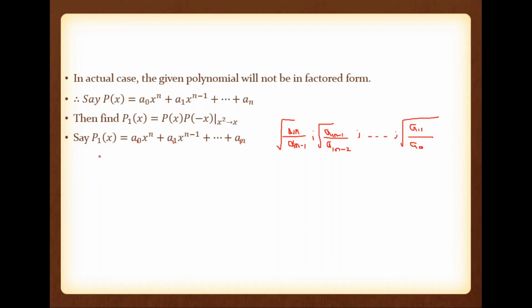So if you are taking p2, so take p2. So p2 of x, what is p2 of x? p2 of x is p1 of x into p1 of minus x, where x square is replaced with x.